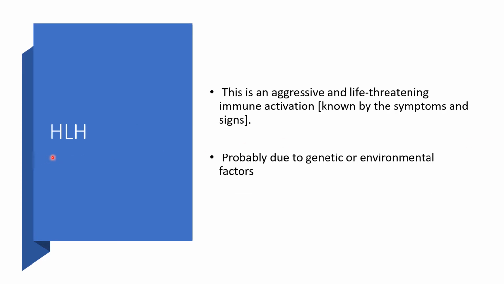Now, with that in mind, we can go straight to HLH. This is an aggressive and life-threatening immune activation. It is known by the symptoms and signs, probably due to genetic problems, and sometimes is a result of environmental issues.